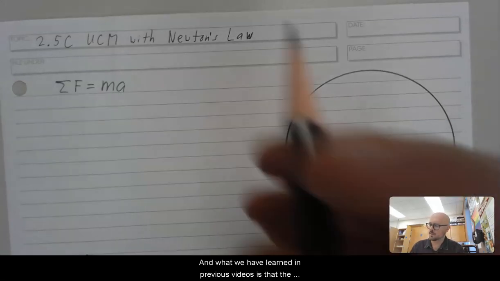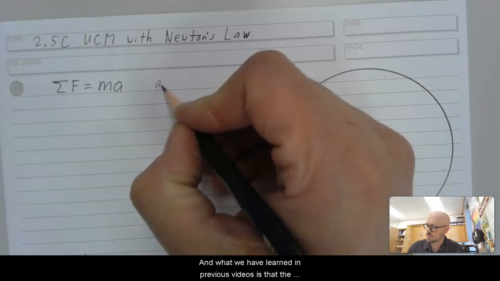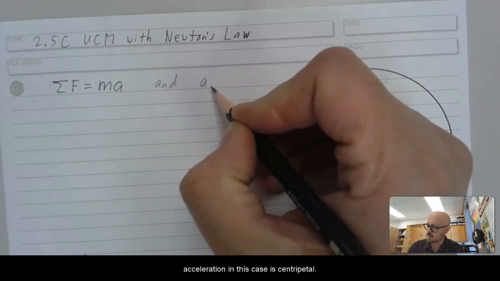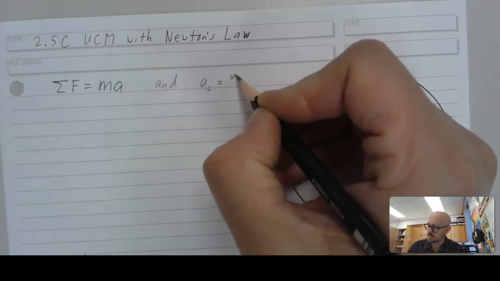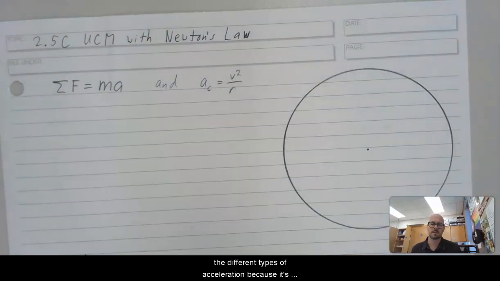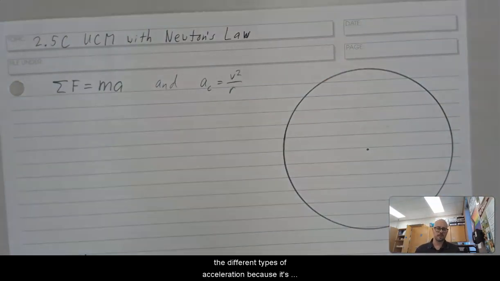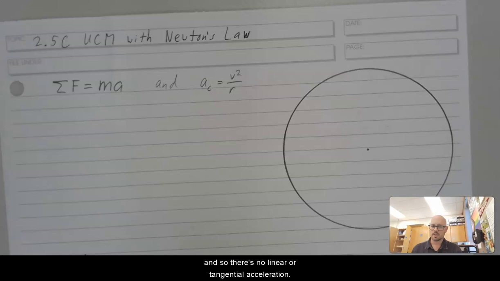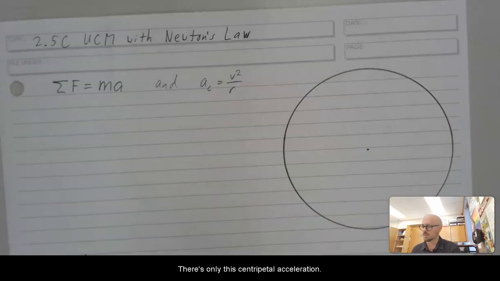And what we have learned in previous videos is that the acceleration in this case is centripetal. We talked about the different types of acceleration. Because it's uniform circular motion, it's constant speed, and so there's no linear or tangential acceleration. There's only this centripetal acceleration.